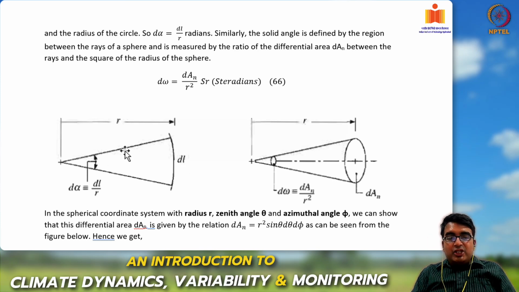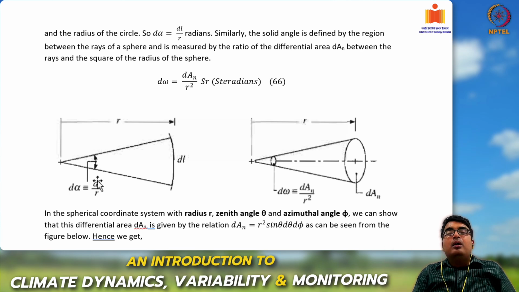These two radii are enclosing a very small, differential angle, and this arc length is also very small. So d alpha, the differential angle between these two radii, is equal to the differential arc length divided by the radius, and this is the differential definition of angle in radians. Then we can integrate this from 0 to 2 pi radians to get the total angle, or whatever the actual arc lengths are.